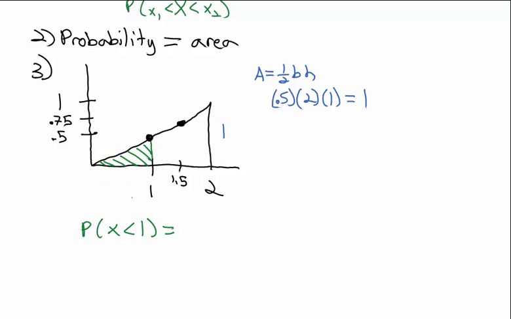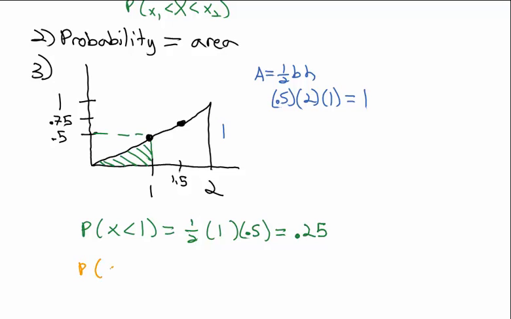So the probability of a triangle is 1/2 times the base. Notice the base has a length of 1 times the height, which is 0.5. And 1/2 times 1 times 0.5 is 0.25. So in this case, the probability that x is less than 1 would be 0.25.